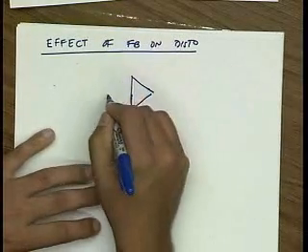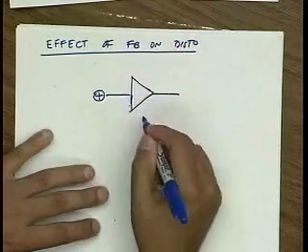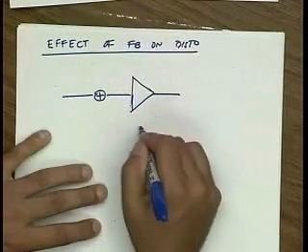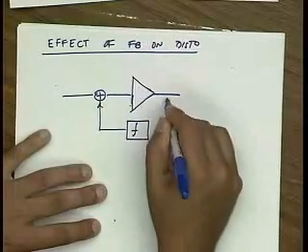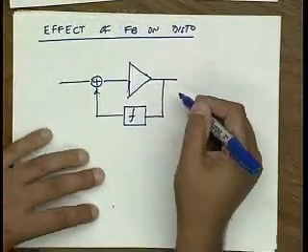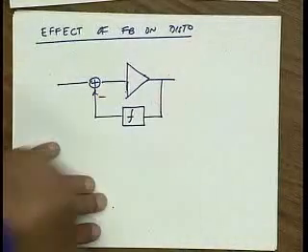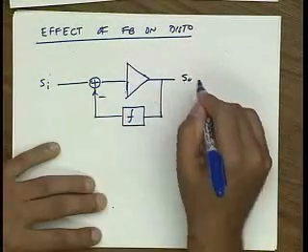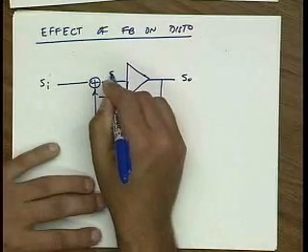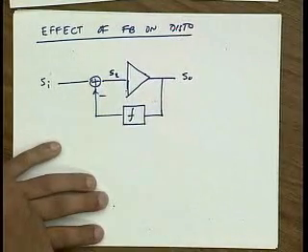All right, so let's draw a generic feedback system. We're going to use negative feedback, not positive feedback, so I'll put a minus sign there. This is my input signal, and this is my output signal. Let me call this intermediate signal the error signal.